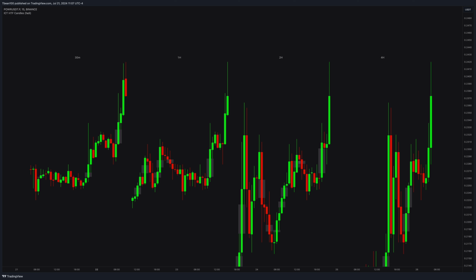Okay, we had our bias, but what about the momentum? Did we have the momentum? That is the critical question here. Let's see. If you closely check this out, price was powered by the 1 and 2 hour imbalances here. This ignited and fueled the price to fill those weekly and daily imbalances.